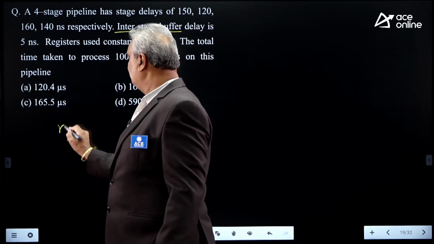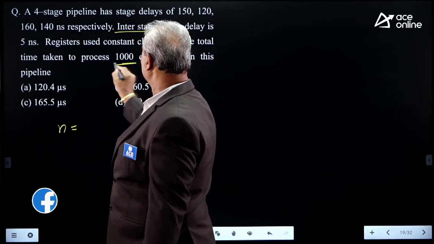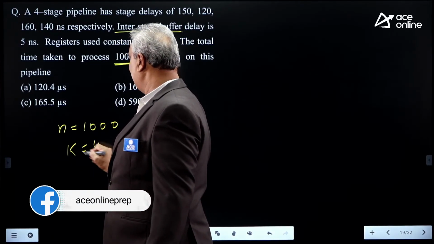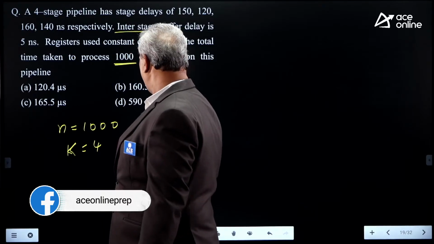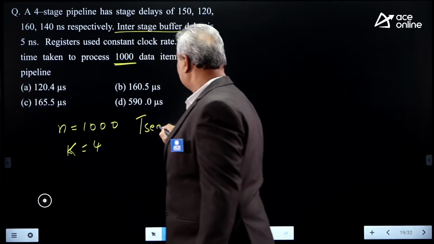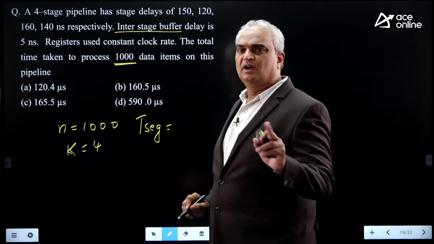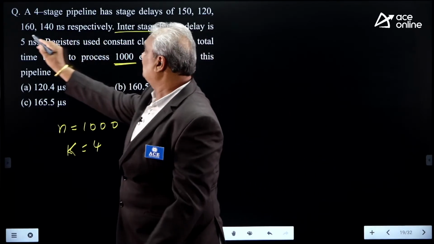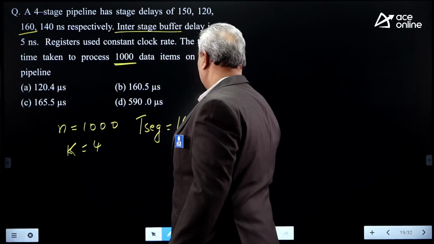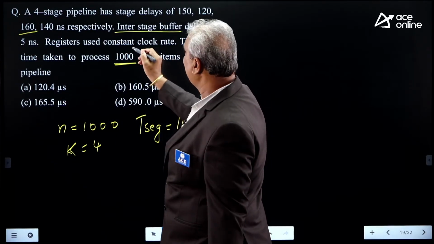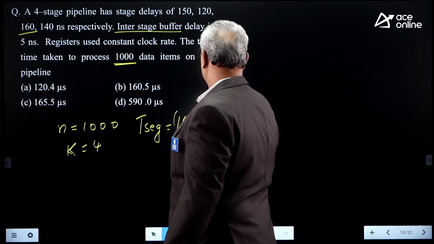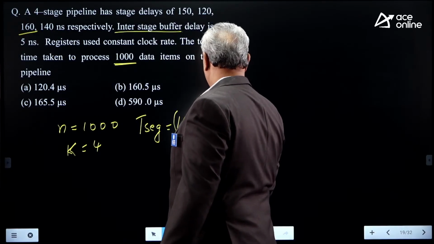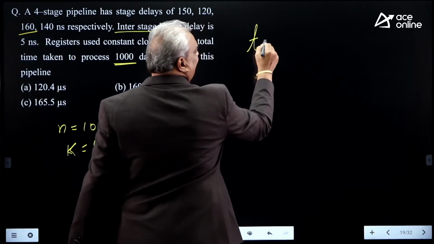What is the n value? Number of instructions or number of operations: 1000. What is k here? K means number of segments, 4. What about t segment, means segment delay time. How to compute the segment delay time? In these 4, the longest delay is 160. Consider the longest delay plus the buffer register delay, which is 5 nanoseconds, nothing but 165 nanoseconds.